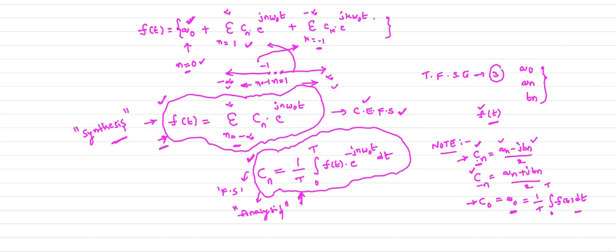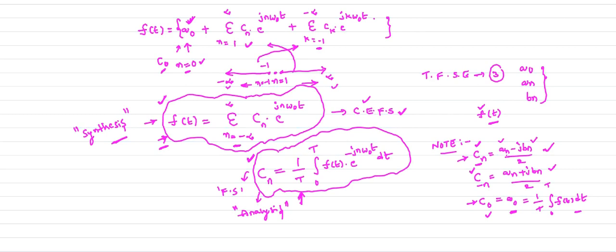Your Cn, the complex exponential Fourier series coefficient, is an minus jbn by 2, and your C minus n is nothing but an plus jbn by 2. And what is your C0? Your C0 is nothing but your a0.